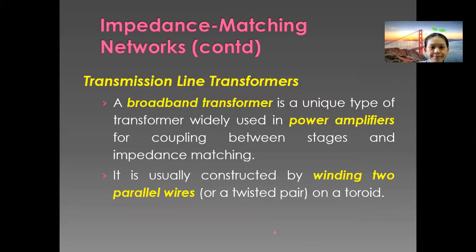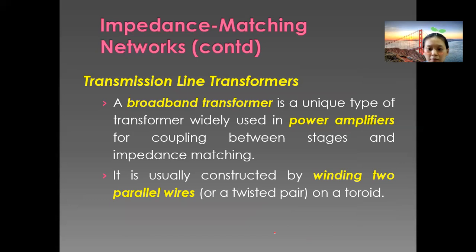Then we also have another type, the transmission line transformer, which is a broadband transformer. It is widely used in power amplifiers for coupling between the stage and the impedance.